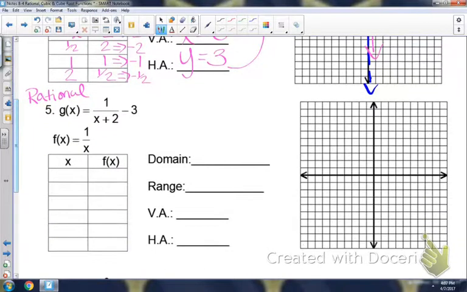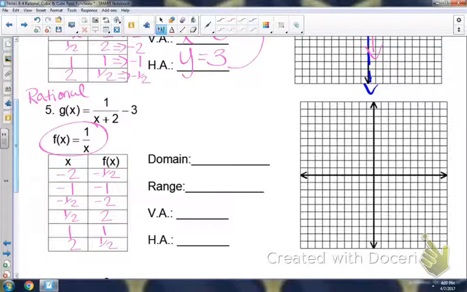The points on our parent function, 1 over x, remember is negative 2, negative a half, negative 1, negative 1. 0, remember we can't plug in, so we used a negative a half, which would give us a negative 2. And then we use positive 1/2, which would give us a positive 2. 1, 1, and 2, 1/2.